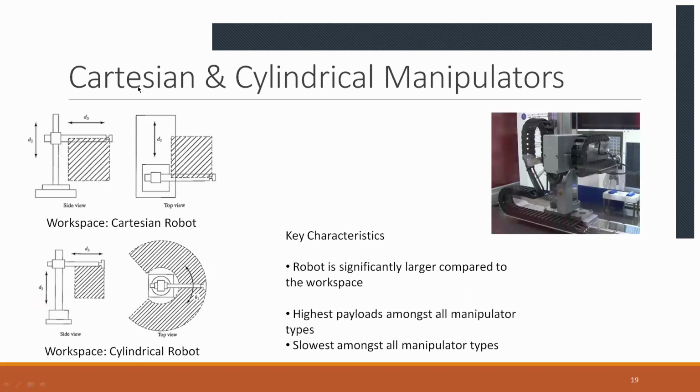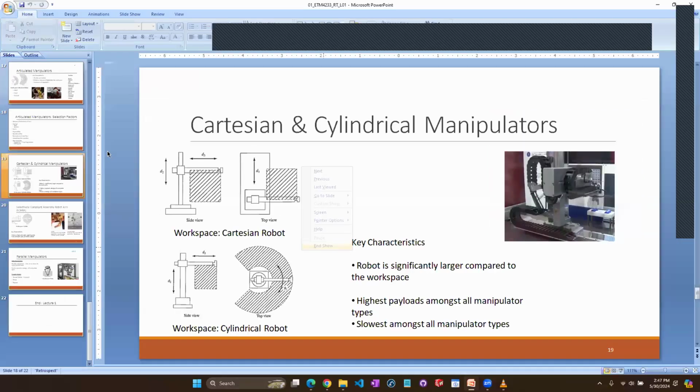So one such model is the Cartesian and the cylindrical manipulators. I'm not going to go through the whole slide, but you can see that compared to the envelope of the articulated robot, the envelope of the Cartesian is much less, and the cylindrical has some kind of an envelope in between.